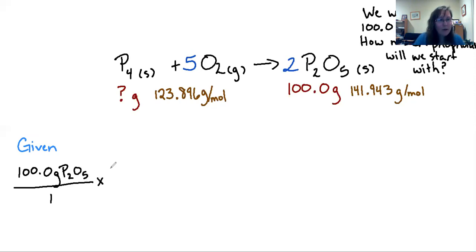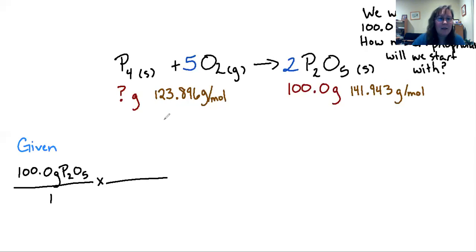One of the big things that I see students doing is not writing out the whole thing, and the problem with that is that sometimes they end up going the wrong way. So when I say write out the whole thing, I mean to use all of your units, so grams P2O5 or moles P2O5. That's going to help you not get lost.